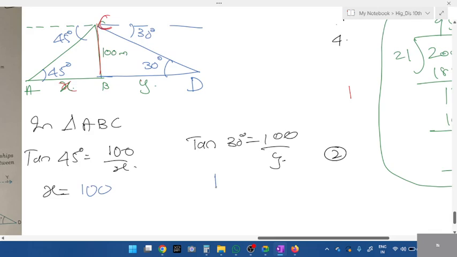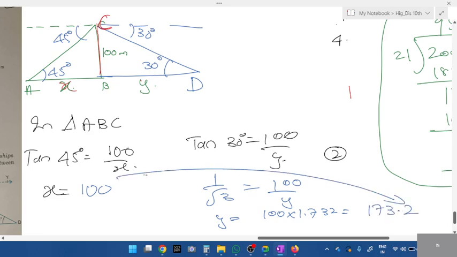What is tan 30? 1 by root 3. Y is equal to 100 root 3, which is 173.2. So if you want to find the distance between these, 100 plus 173 is 273 point something.